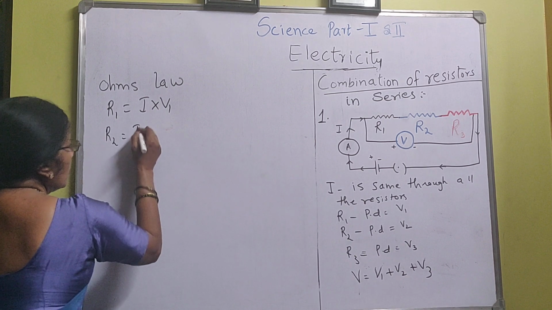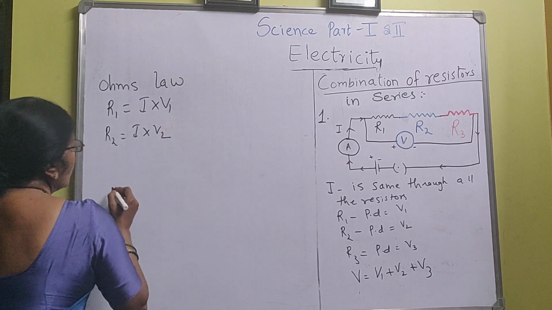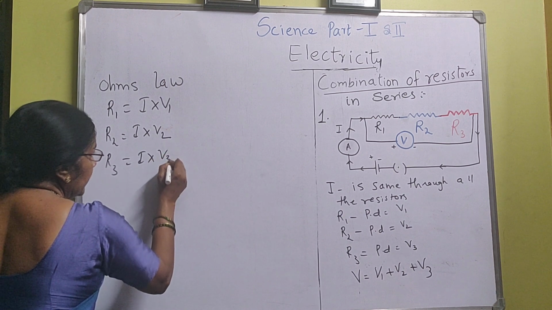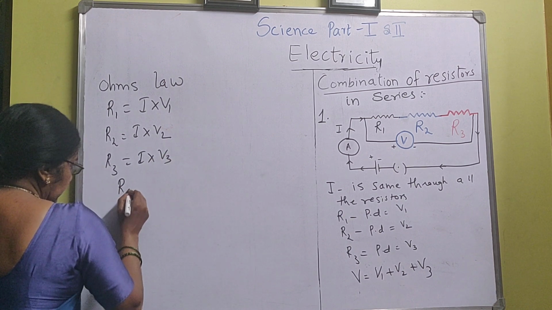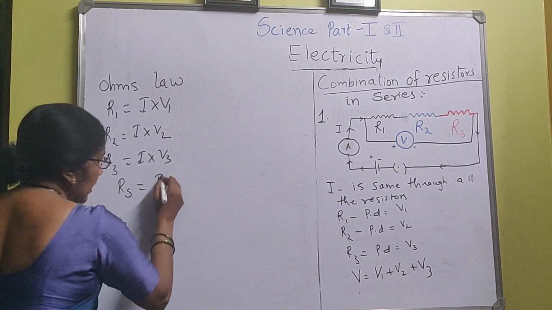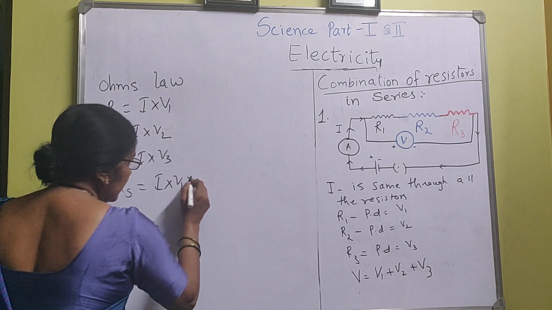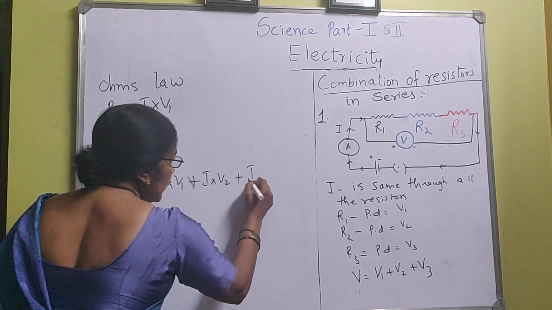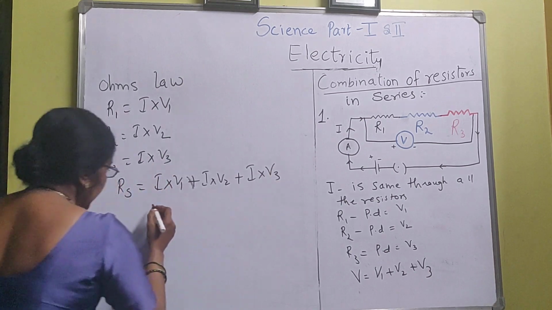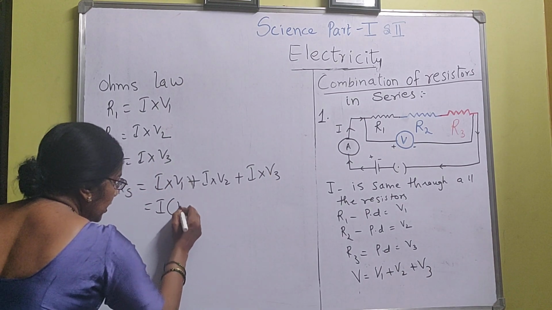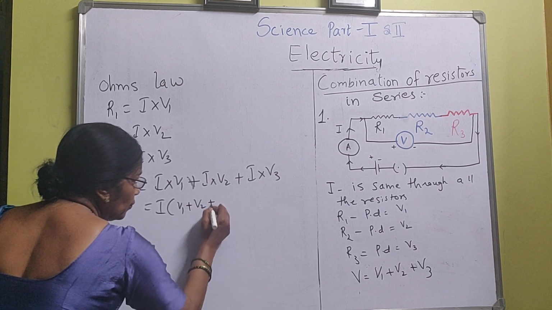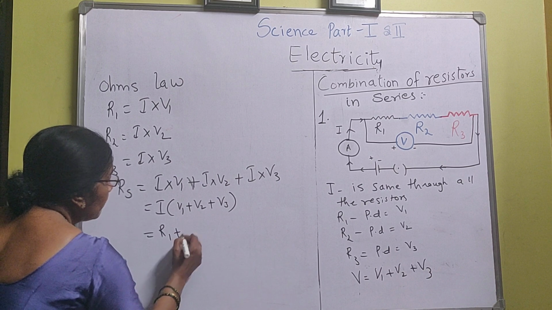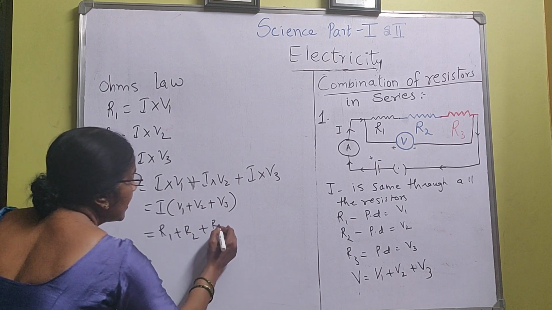R2 is equal to V2 by I. R3 is equal to V3 by I. So the combination of resistance will be V1 by I plus V2 by I plus V3 by I. Taking out I common, V1 plus V2 plus V3 over I.